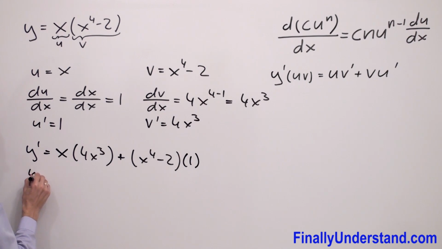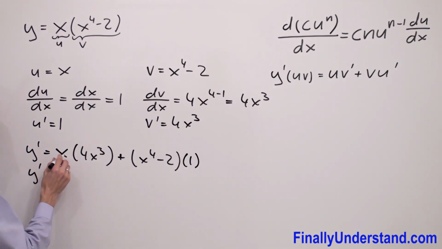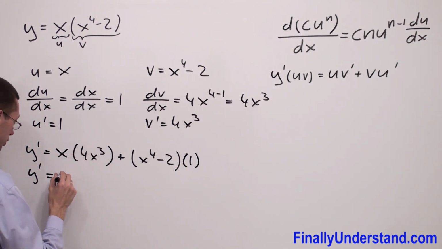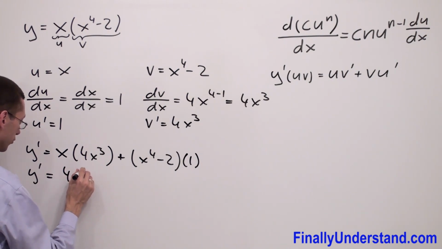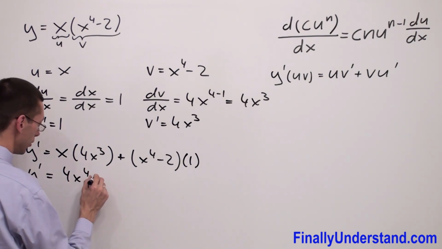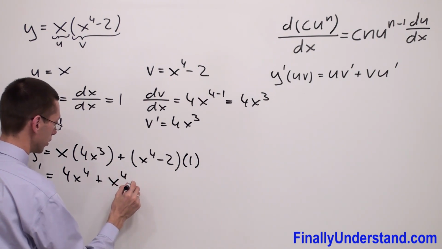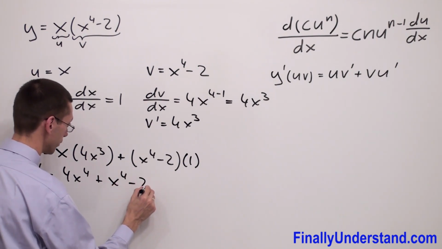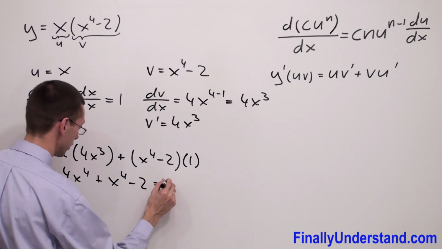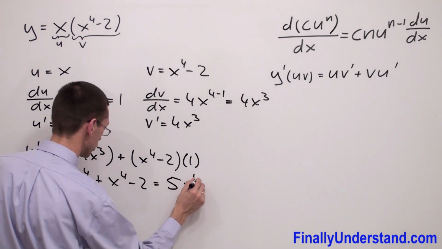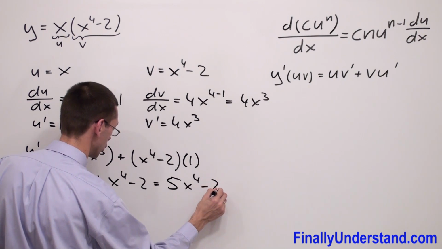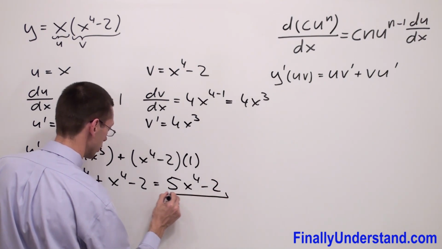So I have y prime is equal to x times 4x cubed, this is equal to 4x to the 4th power, plus x to the 4th minus 2. This is equal to 5x to the 4th minus 2. And this is the solution to my problem.